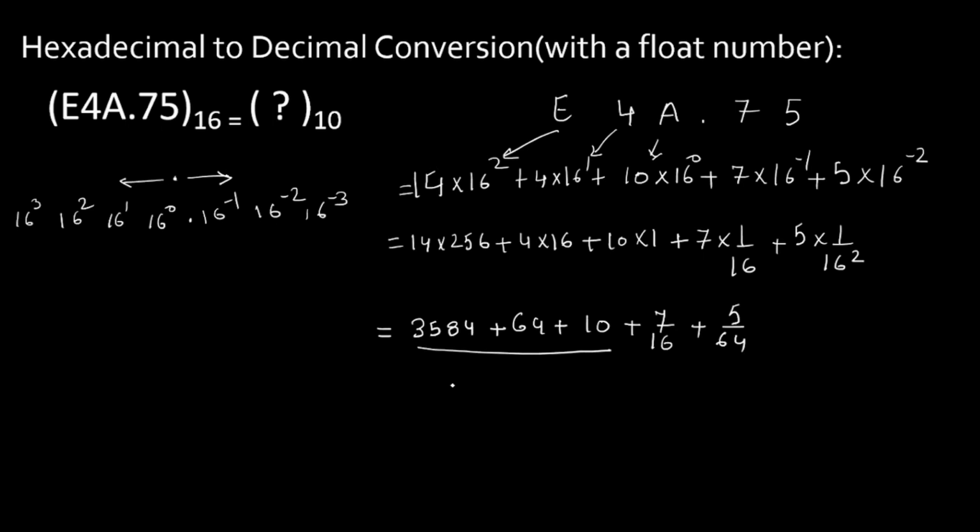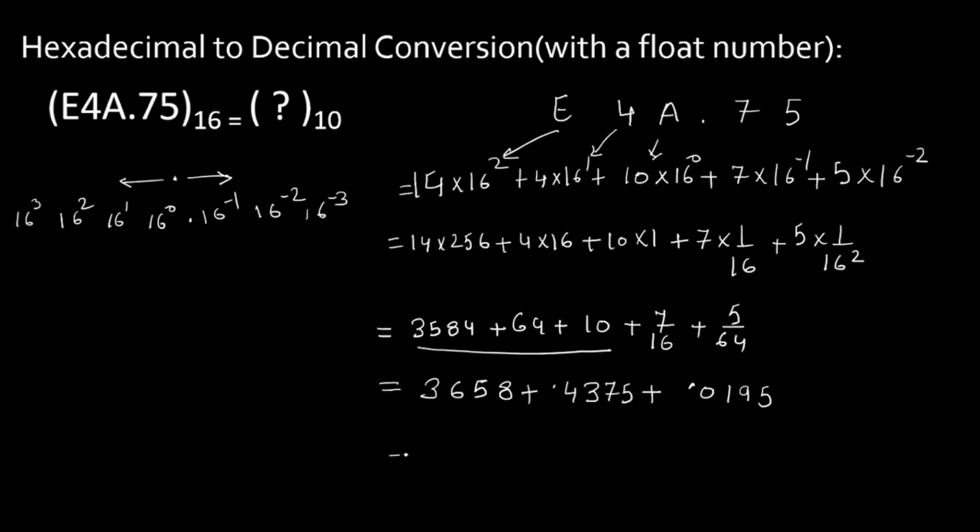After adding these numbers, we will get 3658 plus, this can be written as 0.4375 plus 0.0195.